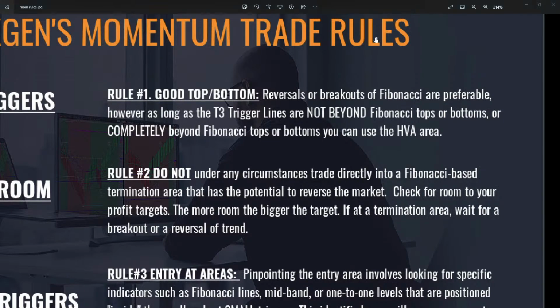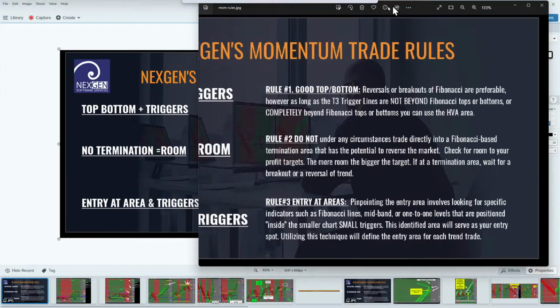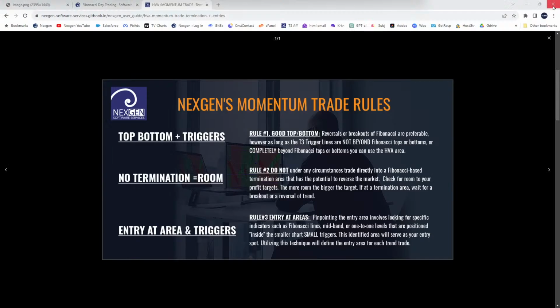All right, so rule number one, you must have a good top or bottom without any trigger lines above your Fibonacci top. Fair enough? So let's look at your picture first.